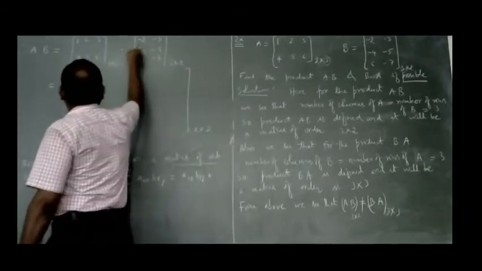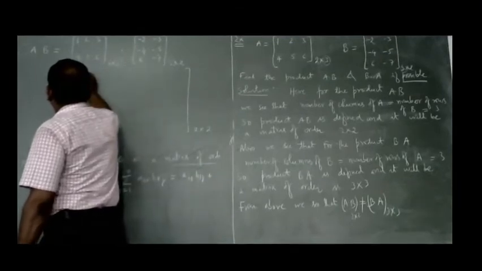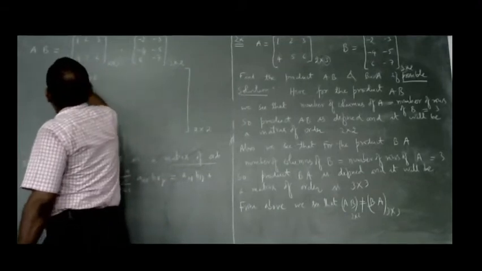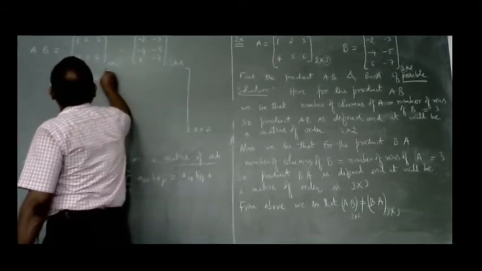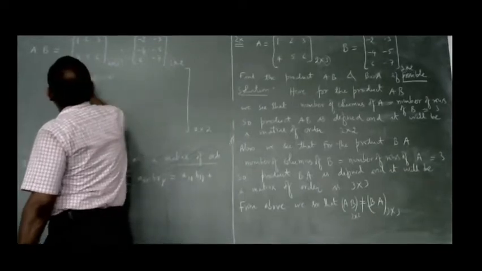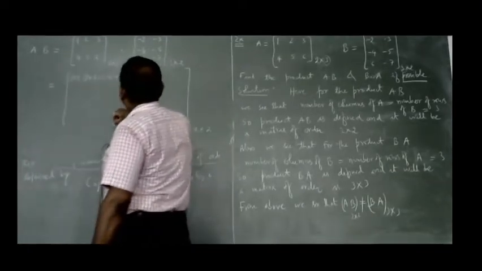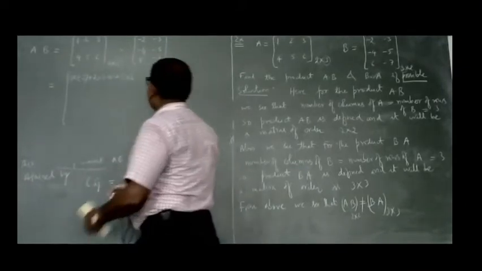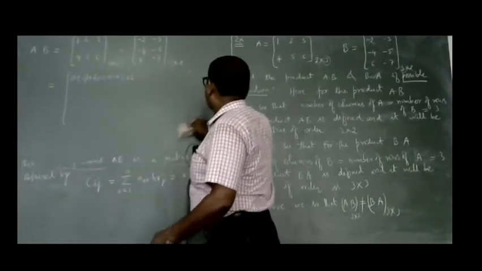1 into minus 2 plus 2 into minus 4 plus 3 into 6. This is the first row, first column element.